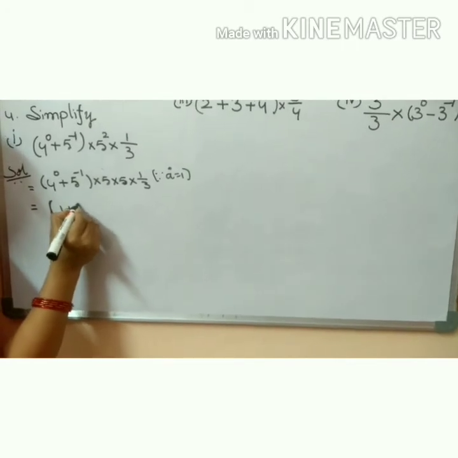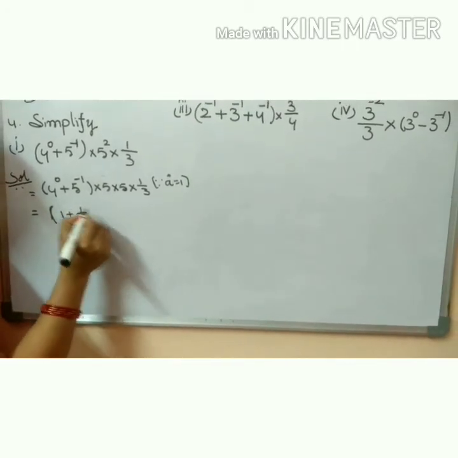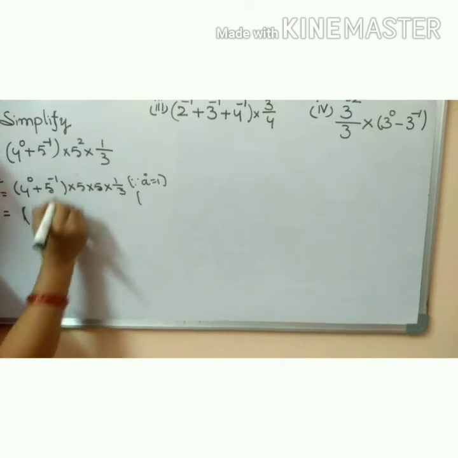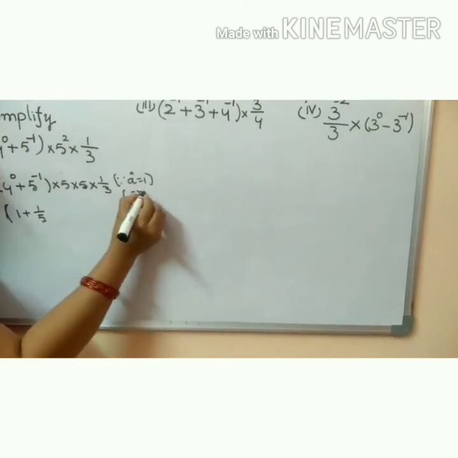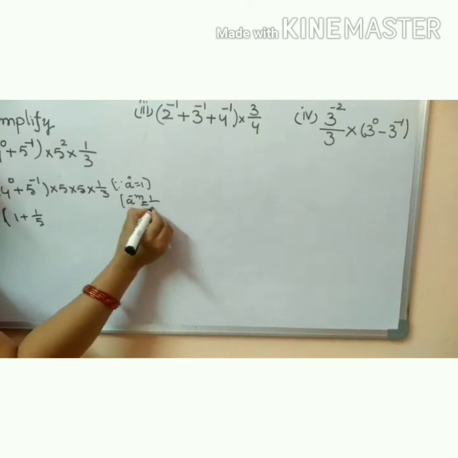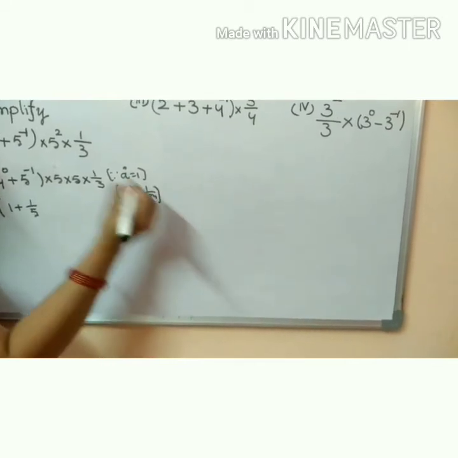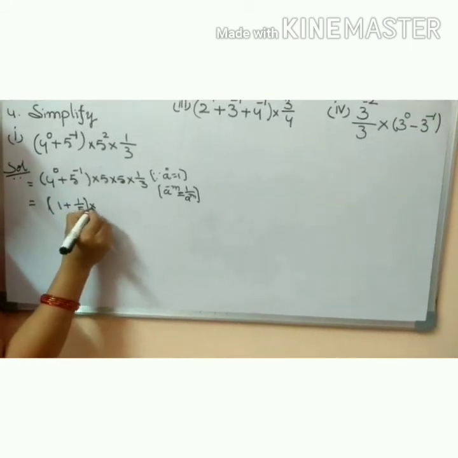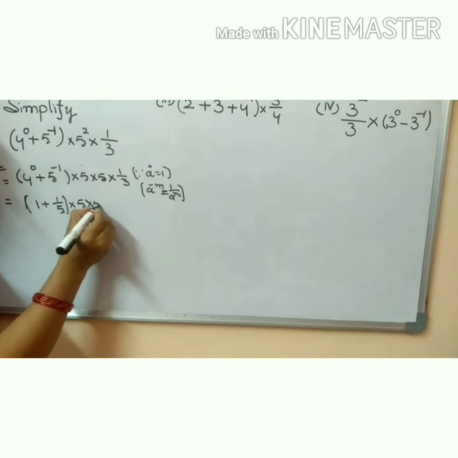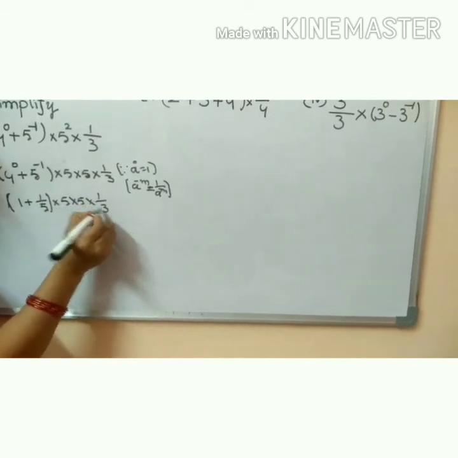So here write 1 by 5, because 1 by 5 we write as 5 power minus 1. A power minus m equals 1 by a power m. Okay, so 1 plus 1 by 5 into 5 into 5 into 1 by 3.